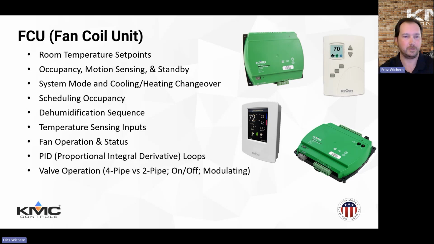Room temperature set points are pretty straightforward. It uses multiple temperature set points to manage heating and cooling: active, occupied, unoccupied, and standby set points. These help ensure good, precise control over temperature fluctuations and different operational modes.